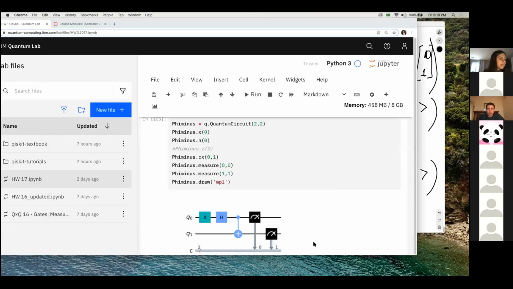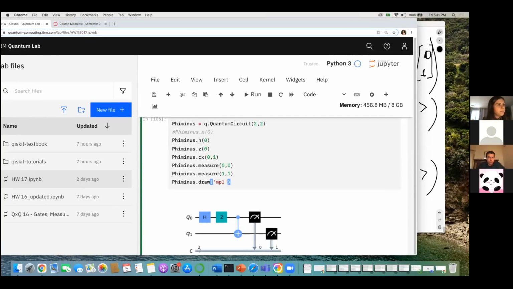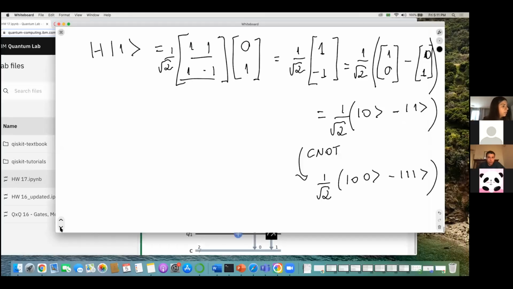But as I said, we can also use a Z gate. That's another way to perform the operation. Yeah, the Z gate here. I'm gonna show you guys again how I do that.